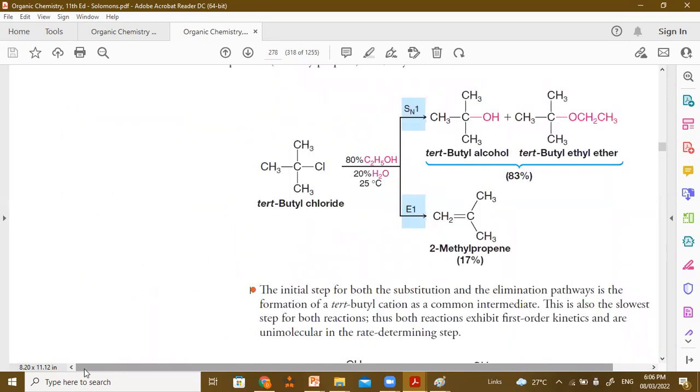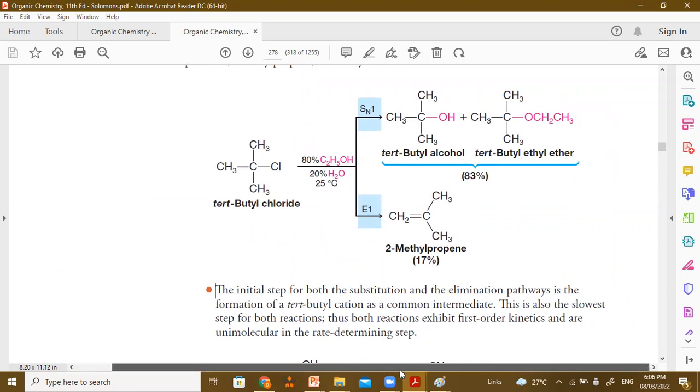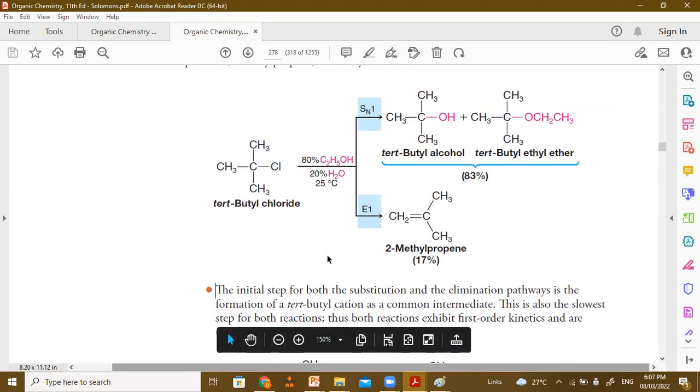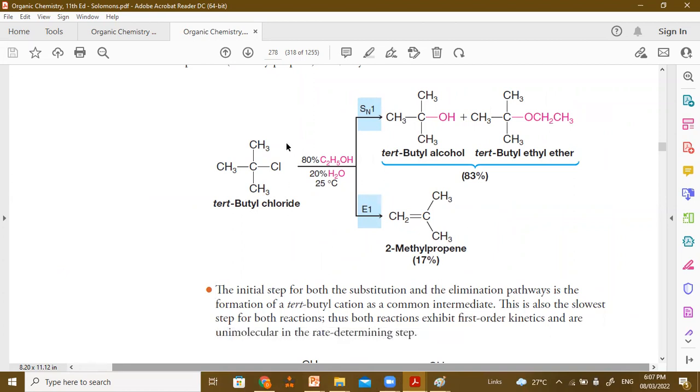For the E1 reaction mechanism, we can go further with that. What happens is, of course, again, it is a competing reaction. For instance, you have tert-butyl chloride here, and you have your nucleophile or your base. The majority of the reaction here will actually proceed to the substitution reaction.